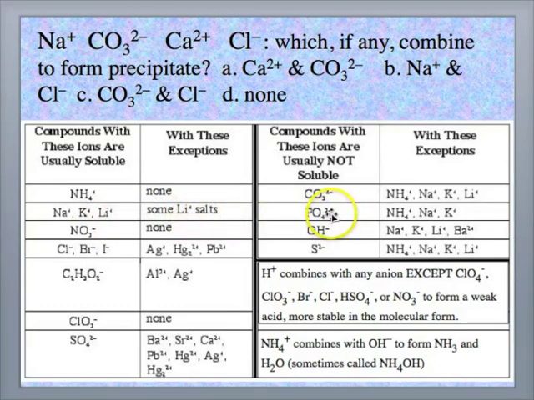But over in this column, the phosphate is listed under ions in compounds that are usually not soluble, and lithium is not an exception. So we can gather from this that lithium phosphate is insoluble. It is not going to form ions in solution.